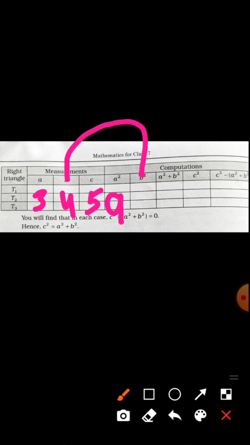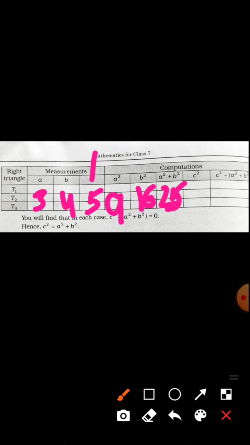Let's see with one example. For example, one side of the triangle is 3 centimeter, the second is 4 centimeter, and the third is 5 centimeter. So a square means 3 square, it will be 9 centimeter square, and b square means 4 square, it will be 16. Then a square plus b square means 16 plus 9 will be 25.